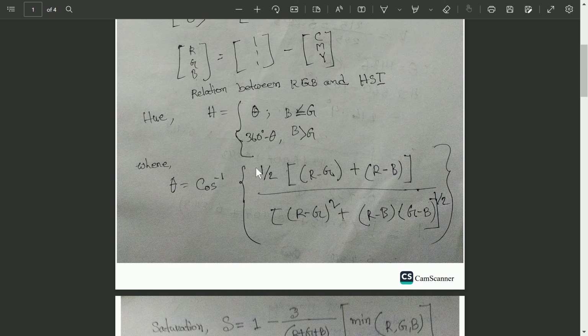So now we need to know the value of theta. How can we find the value of theta? For this we will use this equation: cos inverse of half into (R minus G plus R minus B) divided by the square root of (R minus G) whole square plus (R minus B) into (G minus B).